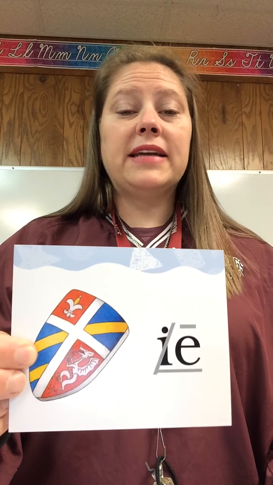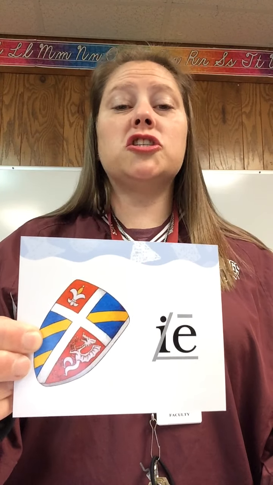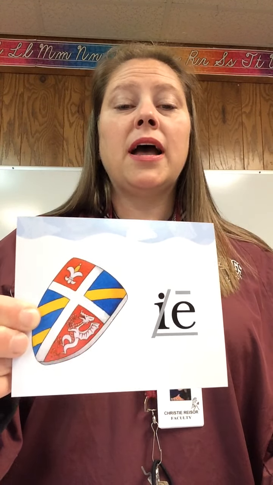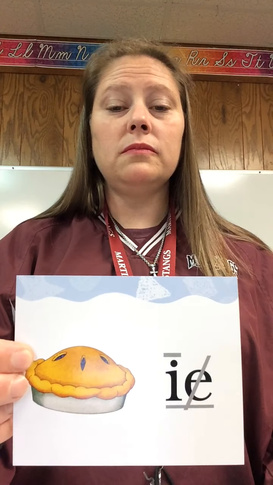Shield, IE digraph, and this one's a little tricky, but if you sound out the word shield, you can hear where this digraph does say E. Shield, IE digraph, and that's usually a medial position spelling.